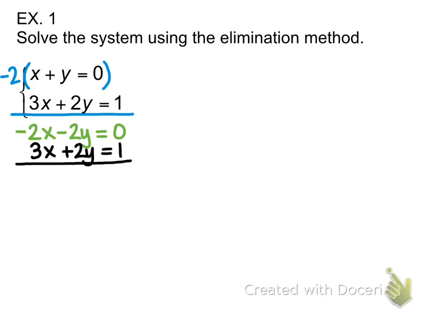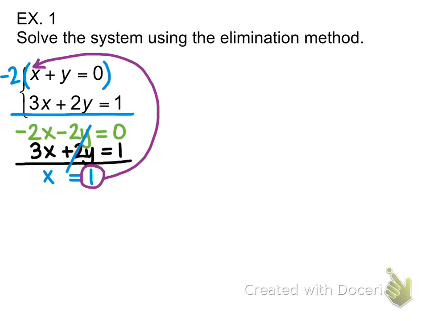Now I'm going to add the two equations together. If I have -2x plus 3x, that's going to give me 1x. And you see that the y's would cancel, and 0 plus 1 equals 1. So x equals 1. Well, now that I know what x equals, I can plug back into one of the original equations to find out what y equals.